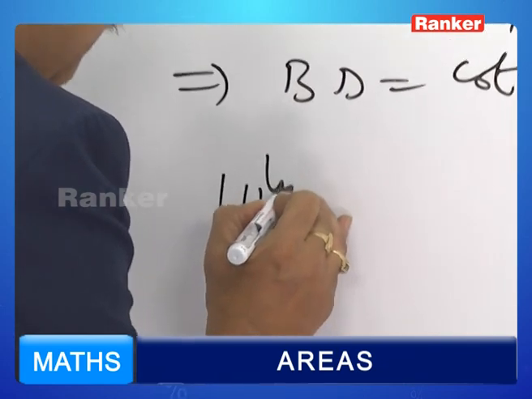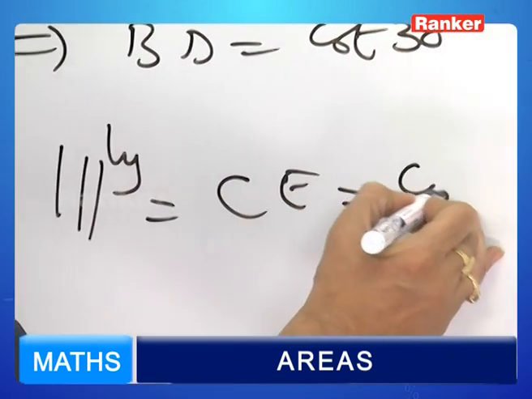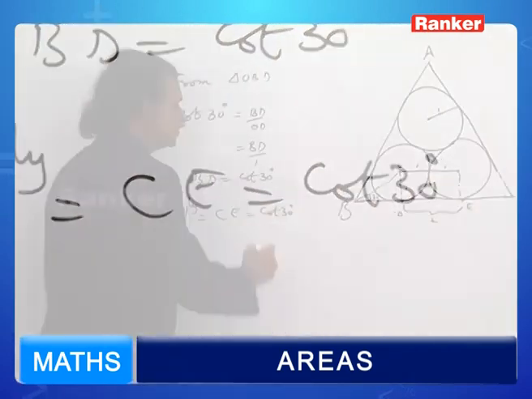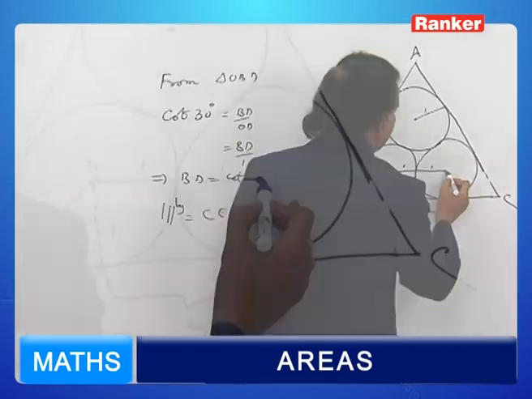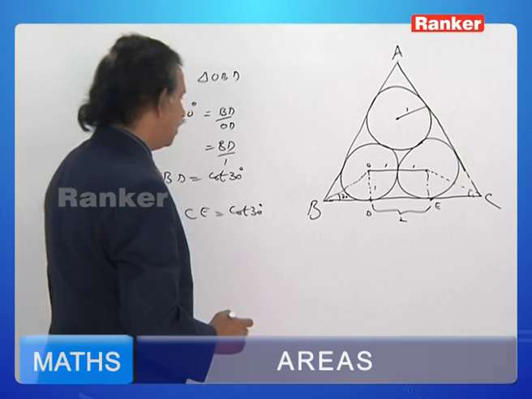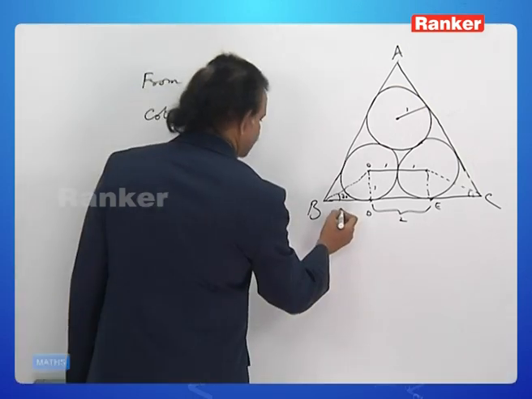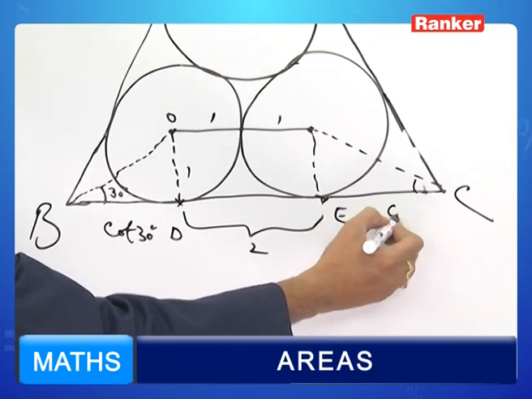Similarly, in the similar fashion, you can have CE is also cot 30. Why? Because as this is 60 degrees, this is also 60 degrees, and if you draw another line like this, this is also 30 degrees. Therefore this is cot 30, this is cot 30.